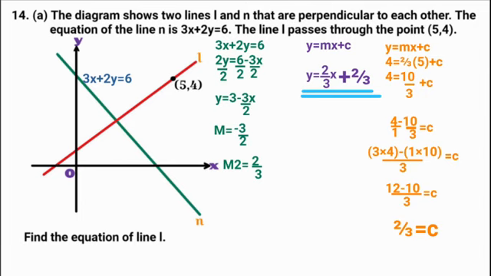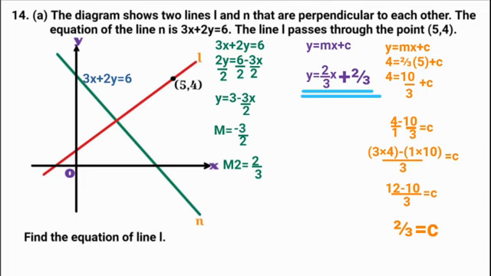So you can write that equation in your answer space, or you can go further and simplify this equation. To simplify it, you're going to multiply every term in that equation by 3.